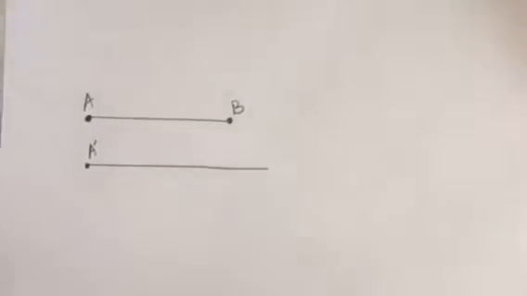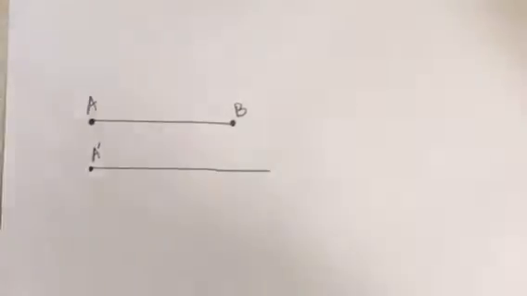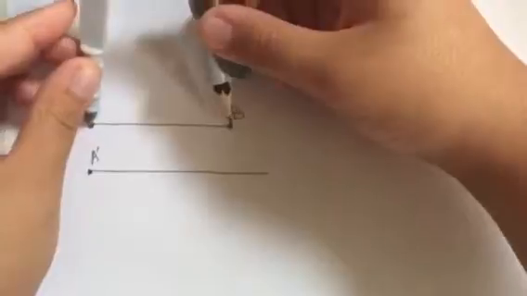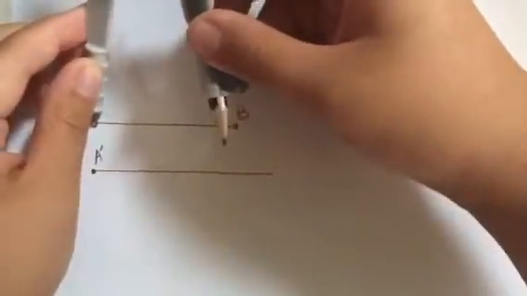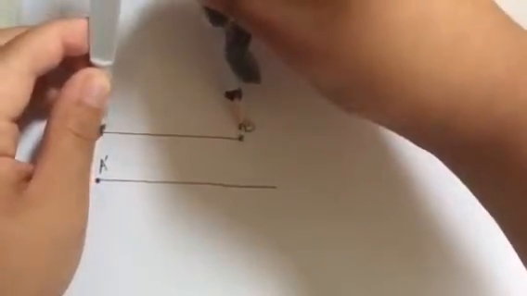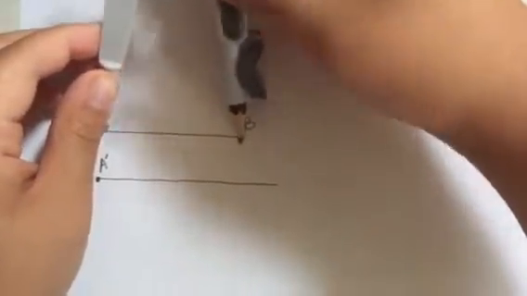Okay. Now, we're going to use the compass to measure points A and B on the original segment. Use the point of the compass and then the drawing part of the compass to measure that same thing. Oops, now let me set it. Okay, there we go.